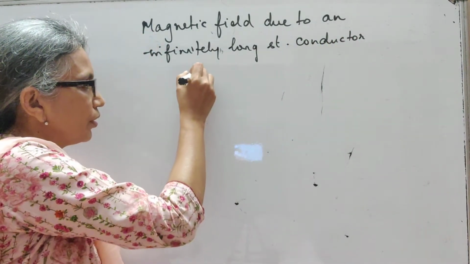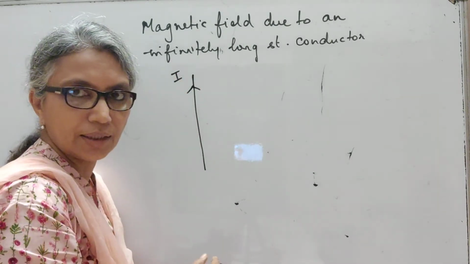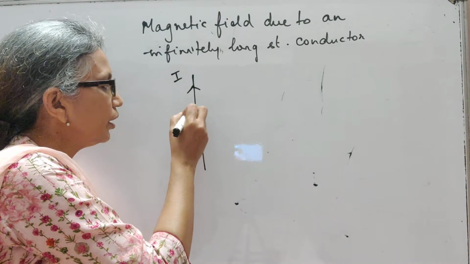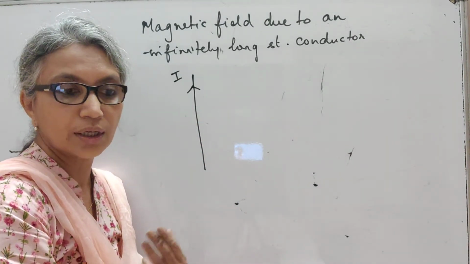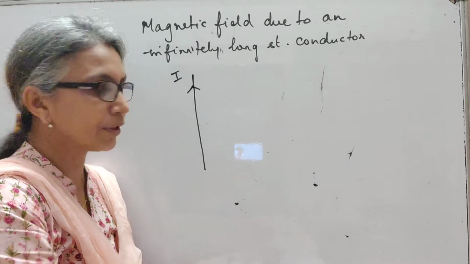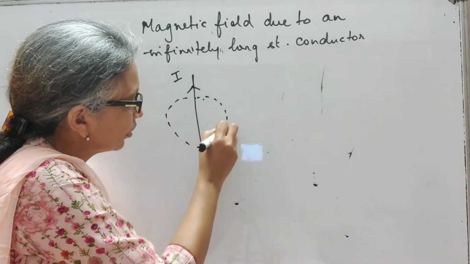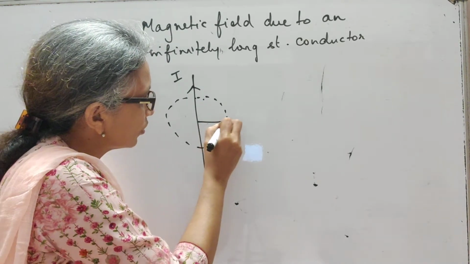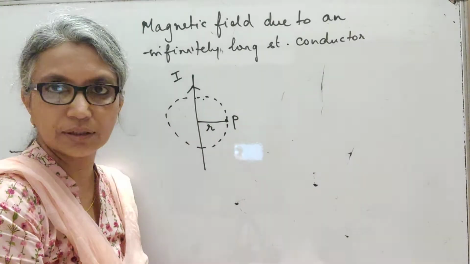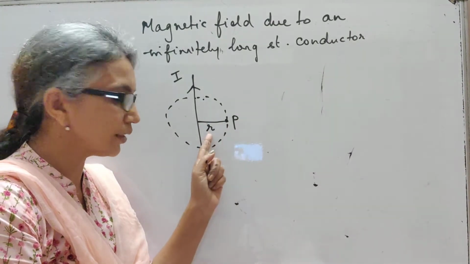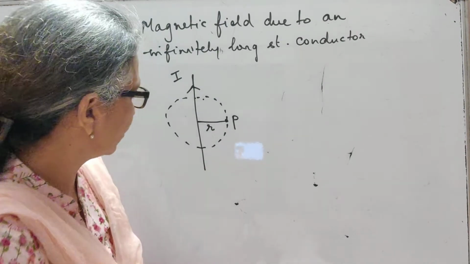I am drawing this straight conductor here, which carries current I. If I need to apply Ampere's circuital law, I have to enclose it inside an Amperian loop. So this is the Amperian loop that I am drawing, which passes through the point P where I am going to find the magnetic field. This point P is at a distance r.